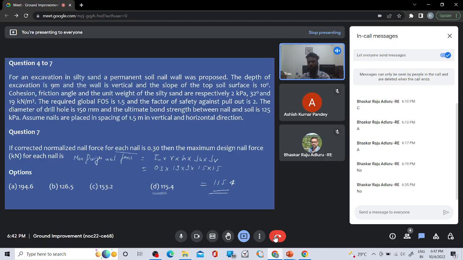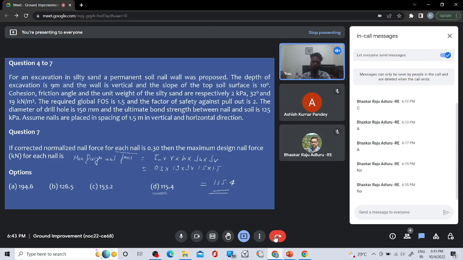Any query in this comprehension? It's a similar problem we used to solve in RCC, where we had some strength in shear or interface friction strength available.